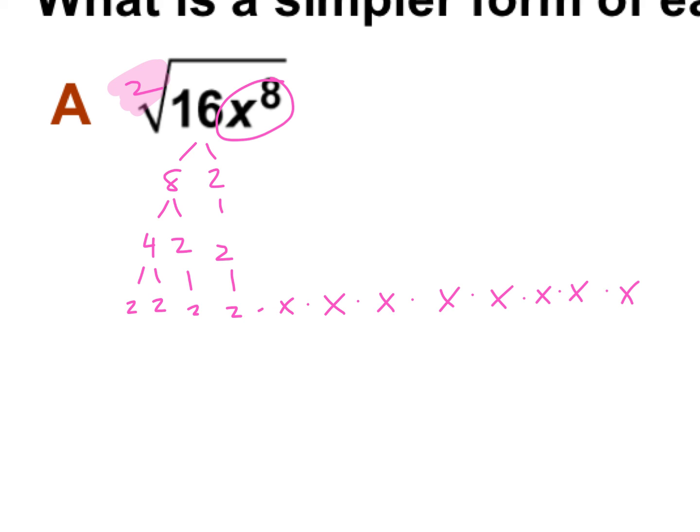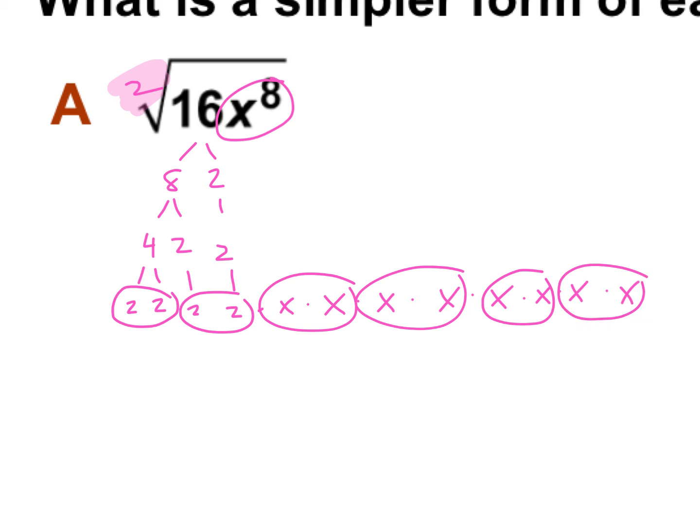So we circle pairs. So we have a pair of 2s, a pair of 2s, and four pairs of x's. How many groups of 2s do we have? 2. So we're going to take out 2 2s. How many groups of x's do we have? 4. So we take out 4 x's.